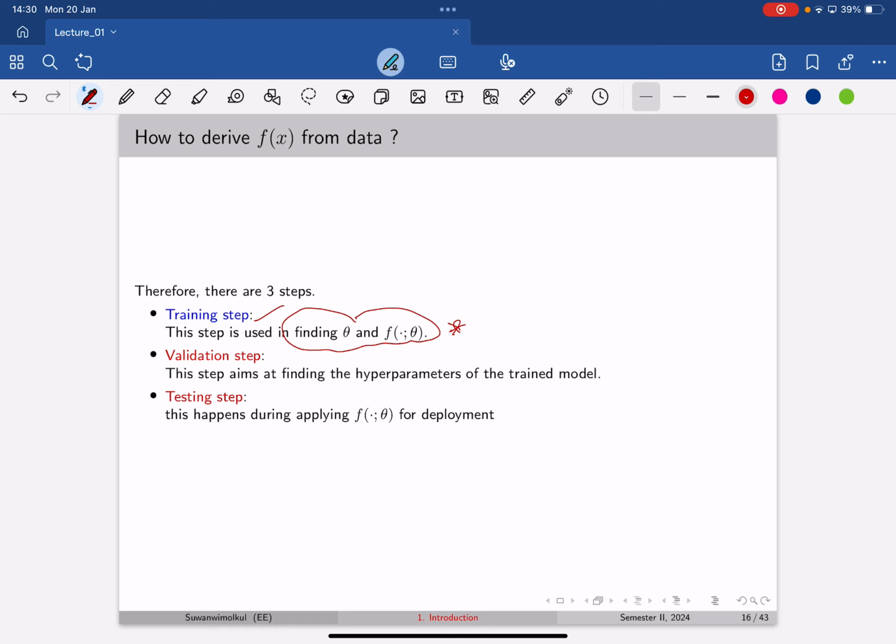That's the training step, and it corresponds to training data. When we have a bucket of data, we have to separate it first for training.